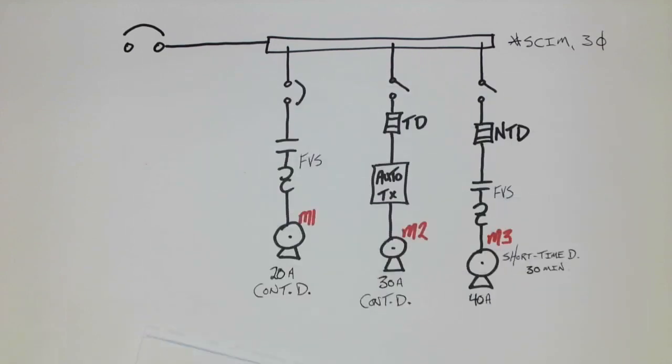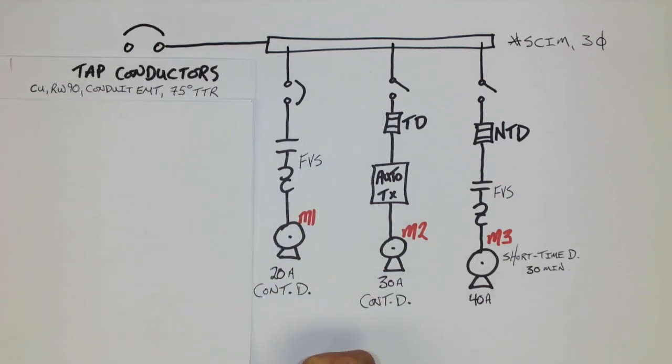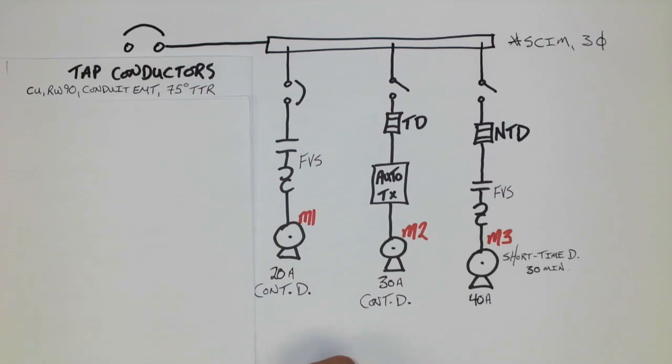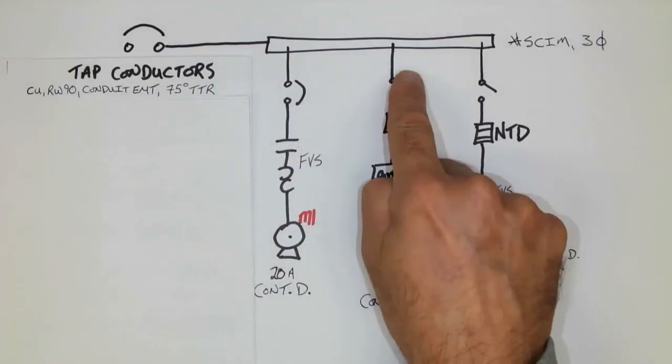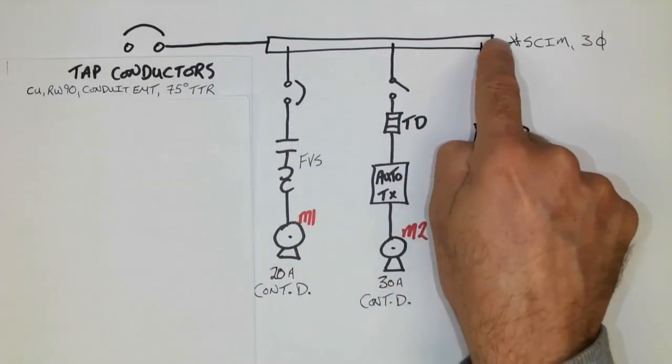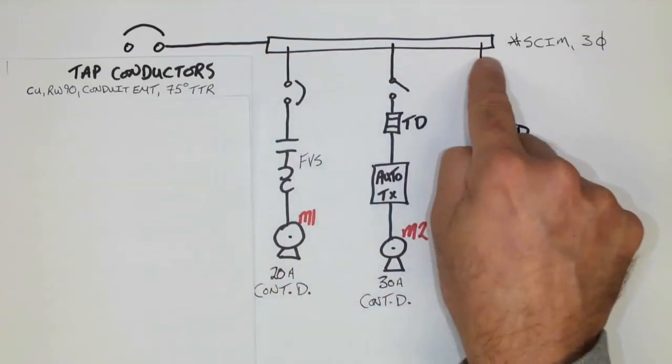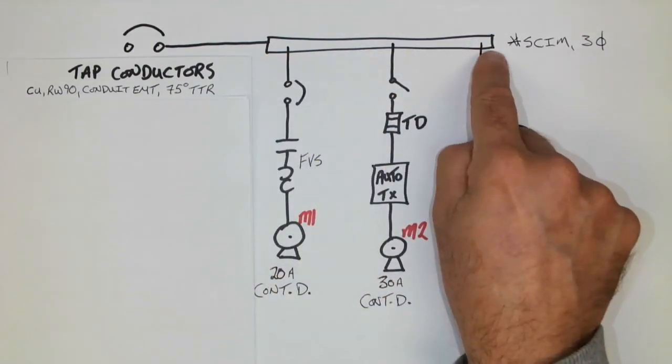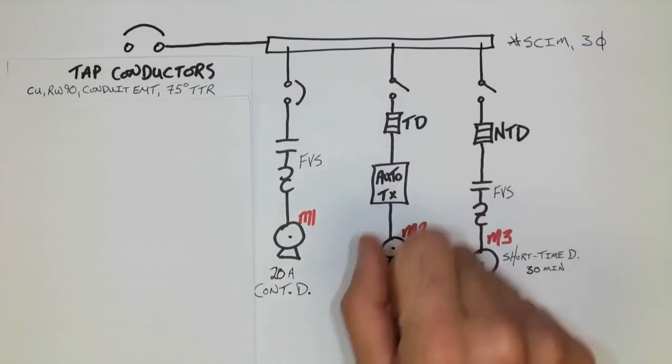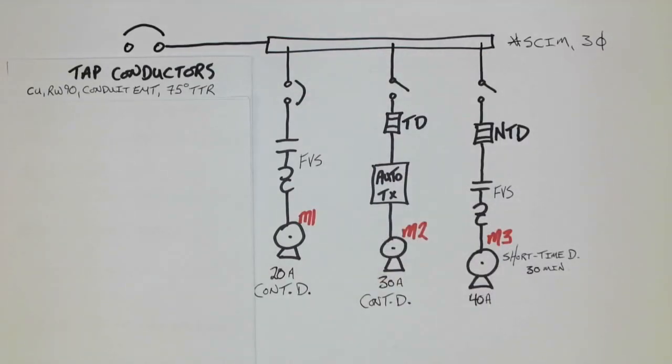So let's take a look at an example with these three motors and see if we can calculate the tap values. Here are my three tap conductors, tap 1, tap 2, tap 3, because if you had not already figured it out, this is a splitter up above, and a splitter is simply something where we can connect various conductors of different sizes together without overcurrent protection when the conductor size drops.